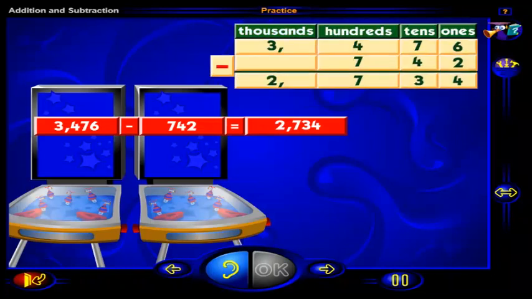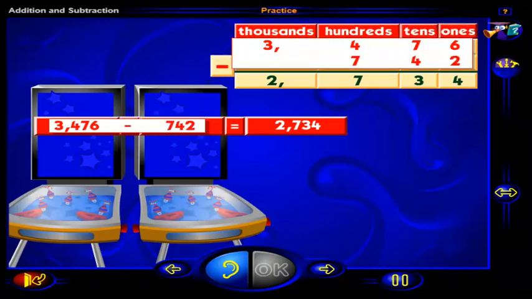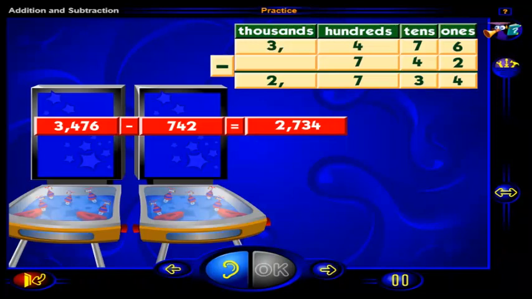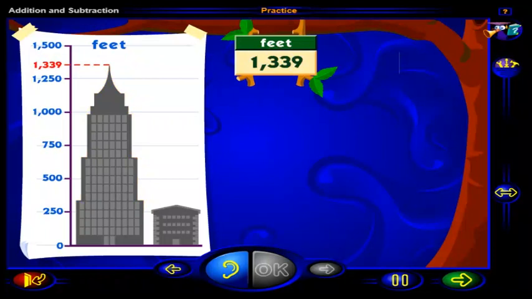So the difference between 3,476 and 742 is 2,734. The height of this building in feet is 1,339. And the height of this building in feet is 288.